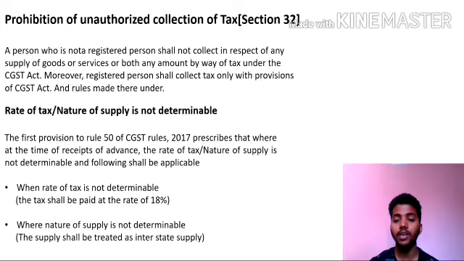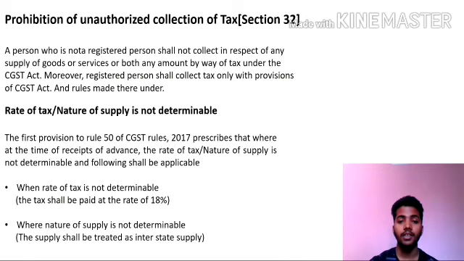The only authorized way to collect the tax is as mentioned in the Constitution of India and the CGST Act. The CGST Act and the Constitution of India give power to some authority to collect that tax from the suppliers or the people of India.